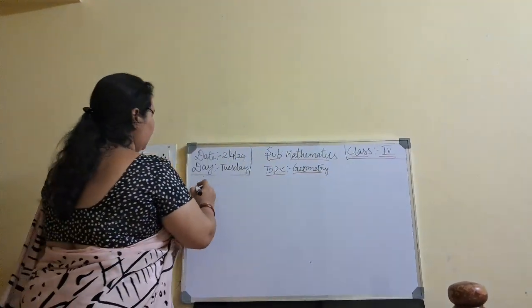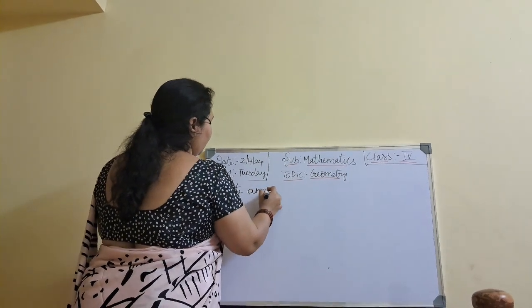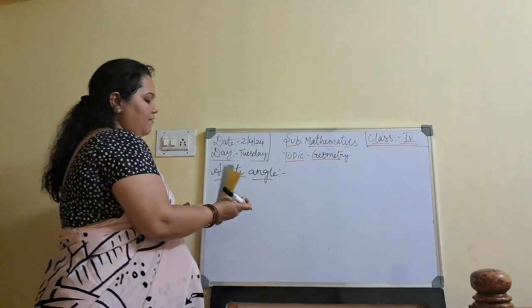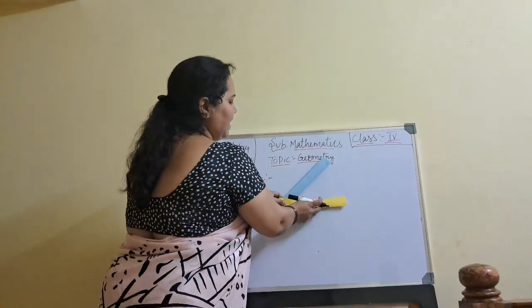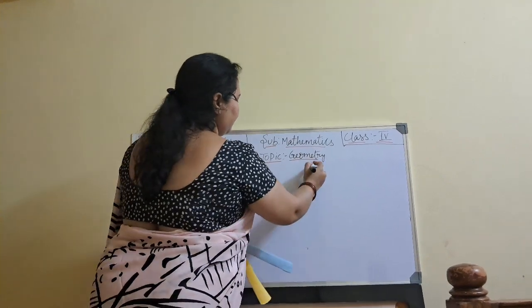Now see here, acute angle. Acute angle means less than 90 degrees. See here, an acute angle will always be like this.